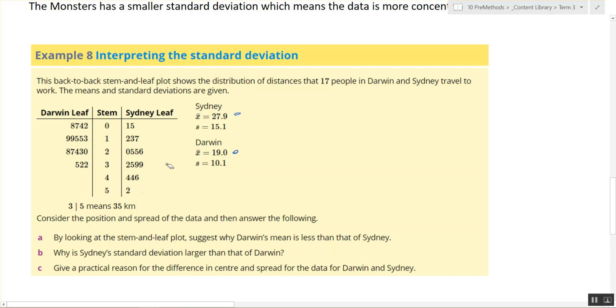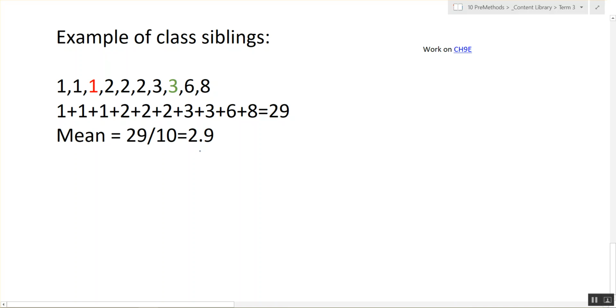If Sydney was all concentrated around here, imagine this didn't exist, what would happen to the standard deviation? It would go down. So it might also be 10 because it's concentrated about 1 point. Does that make sense?